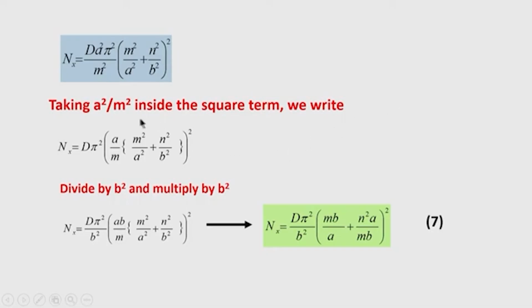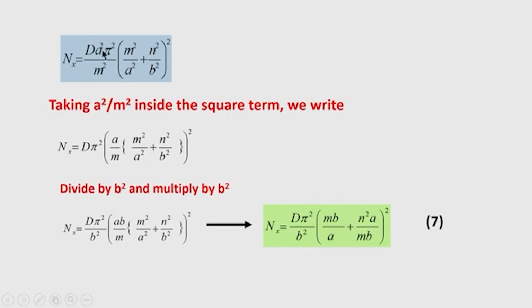Okay. Now, taking a^2 by m^2 inside the bracket, if I take a^2 by m^2 inside this square term, then I will multiply the term inside the bracket by a by m, because when I take a by m outside the bracket, it will be a^2 by m^2.